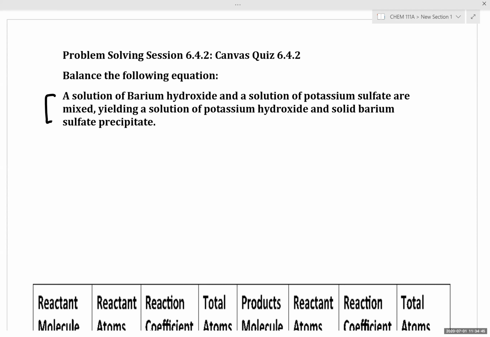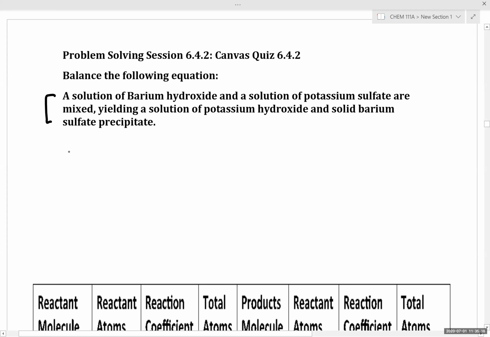So the balanced equation that I just received in the chat looks perfect so far. Yep, the chemical equation that I just see in the chat looks perfect. So let's now discuss and apply our nomenclature rules.